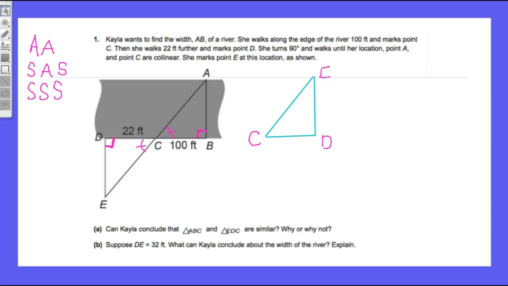You don't have to, but you're just looking for two angles in one triangle that are the same as the two angles in the other triangle. And we have that. This angle and this angle are the same. This angle and this angle are the same. So that says, yes, these are similar. Why or why not? Because of the angle-angle similarity postulate.